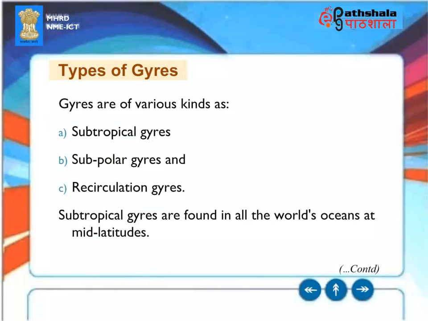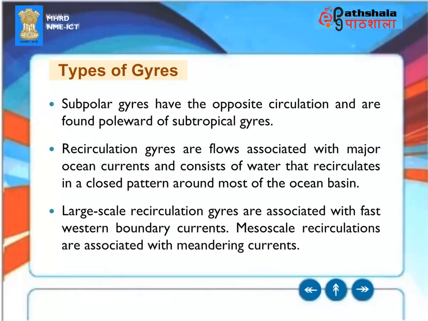Types of gyres. Gyres are of various kinds: subtropical gyres, subpolar gyres, and recirculation gyres. Subtropical gyres are found in all the world's oceans at mid-latitudes. Subpolar gyres have the opposite circulation and are found poleward of subtropical gyres.